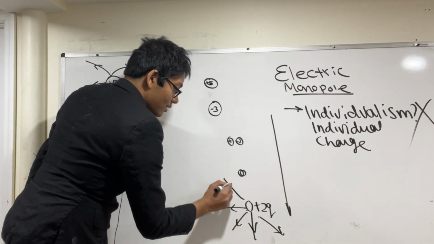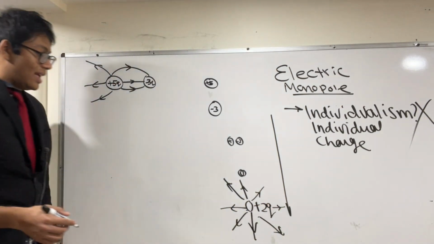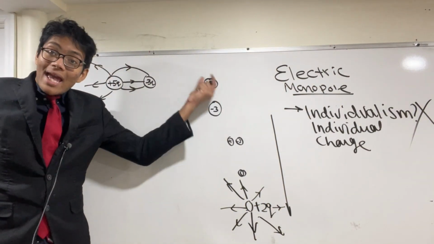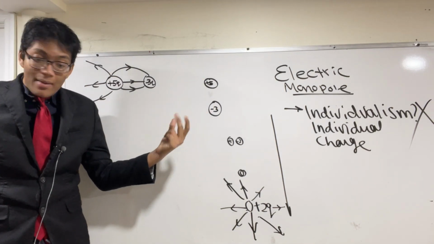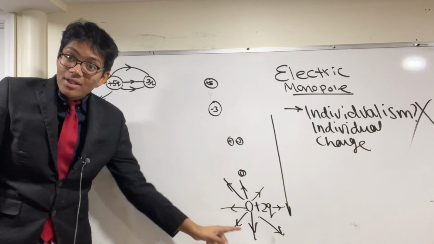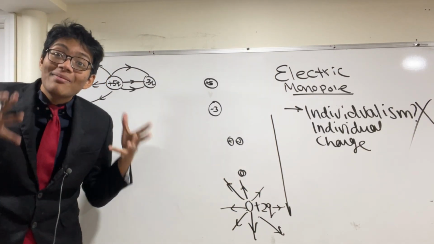Why did you draw that many field lines for +2? Just to demonstrate. Anyway, it doesn't matter what orientation the charge distribution is in, because the field lines are radial when you're very far away. So it has radial symmetry.